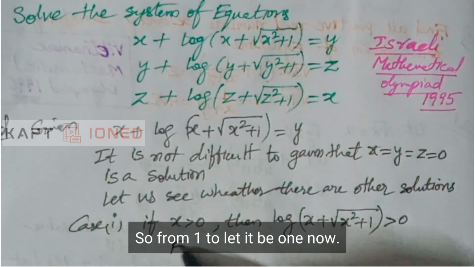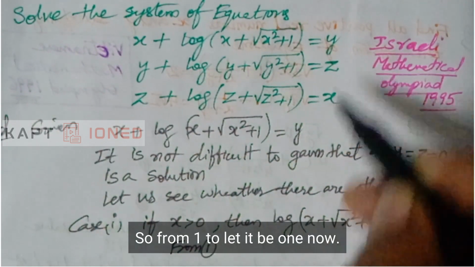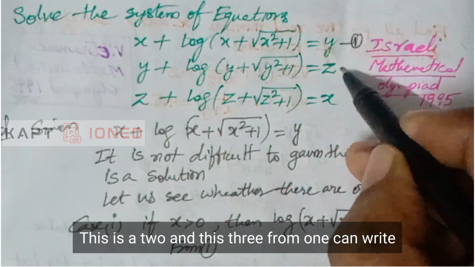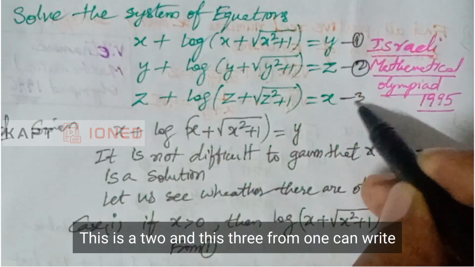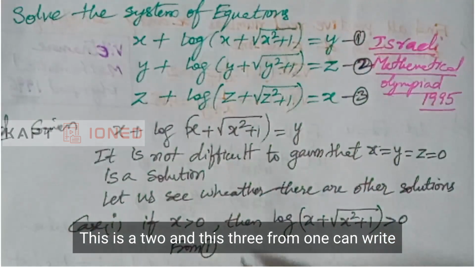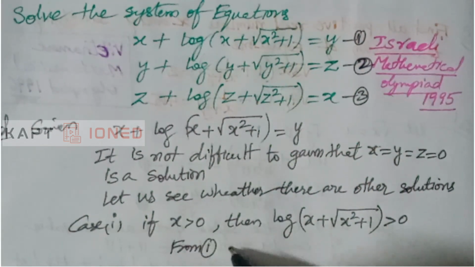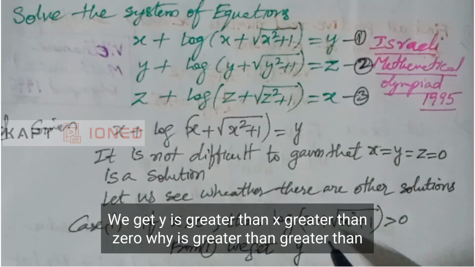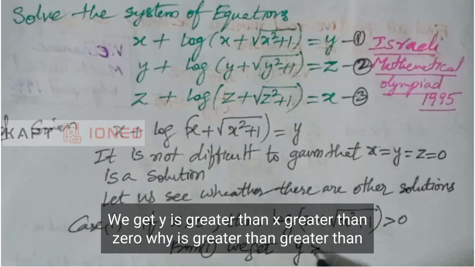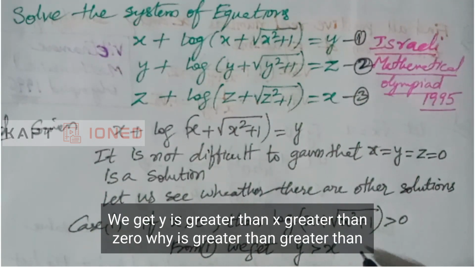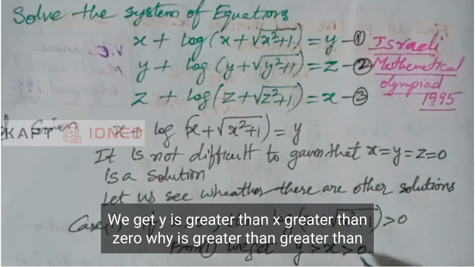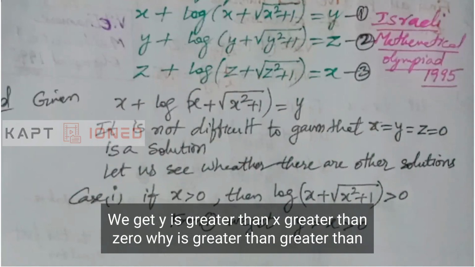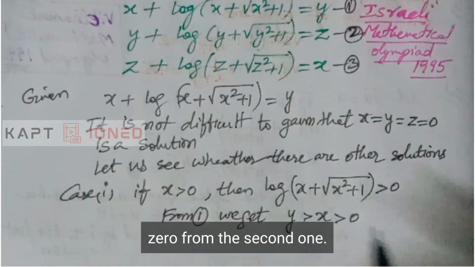Let the three equations be 1, 2 and 3. From 1 we can write y is greater than x greater than 0.